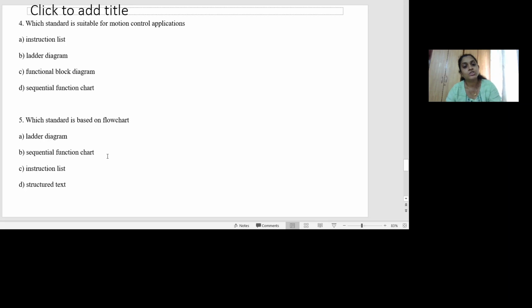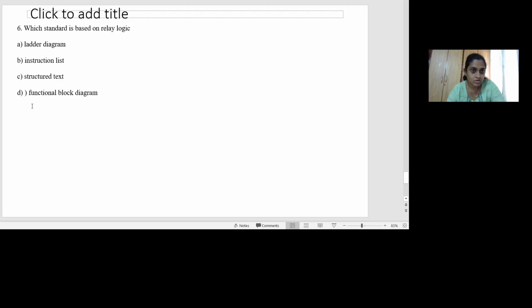Sequential function chart basically uses the flowchart method. The two fundamental parts which you will use in a flowchart are the steps and transitions. So the choice is B, sequential function chart.